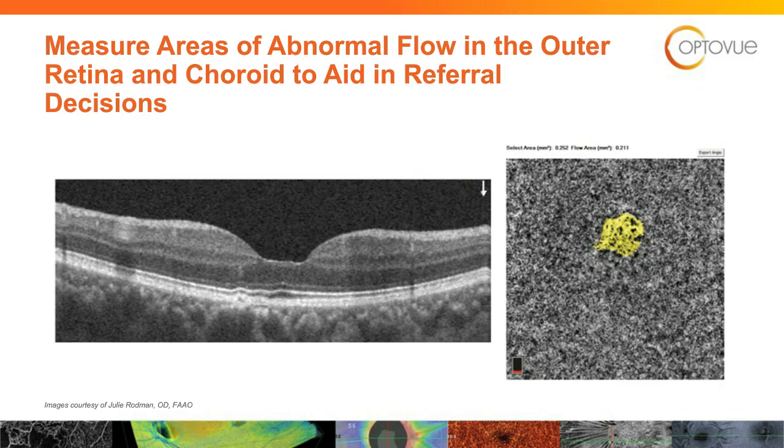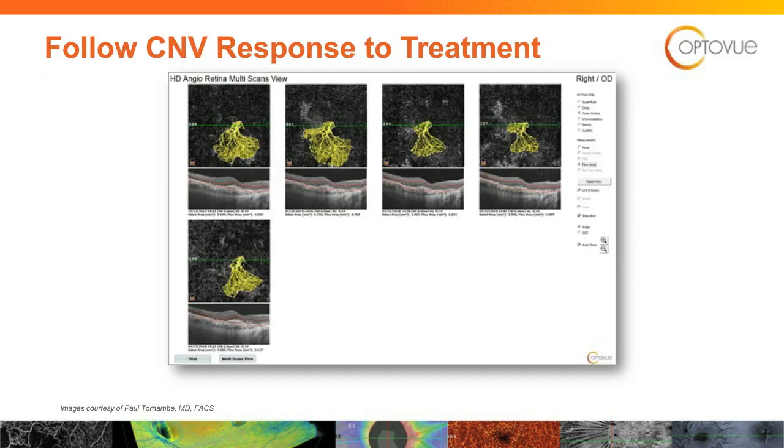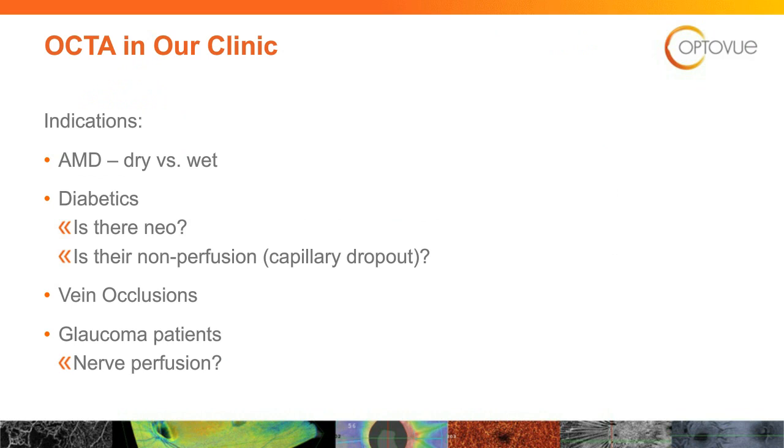Again, stay tuned for abnormal flow in the outer retina, AMD, central serous, etc. Right there. But again, our topic today was diabetes and going through what do we look at in diabetes and diabetic retinopathy, how to interpret OCT angiography.